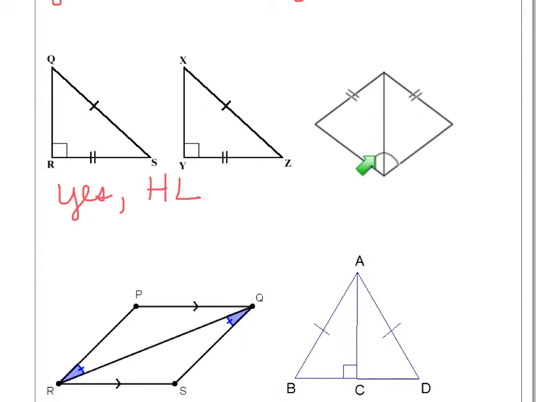Now over here, we have two triangles again, and only two things are labeled. They've got a side in common and an angle in common. But they are sharing a side literally in the middle here. Whenever we see two triangles sharing a side like this, we want to mark it congruent.